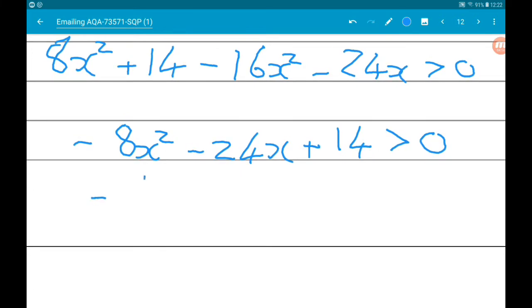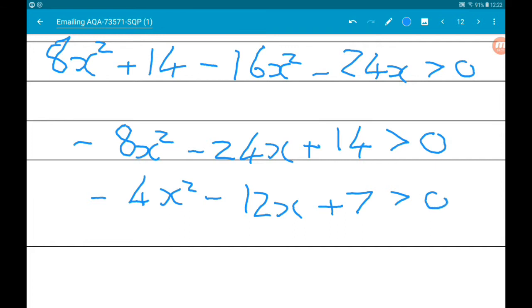Divide that away, we get minus 4x squared minus 12x add 7 is greater than 0. Now we need to do one more thing, that's multiply through by minus 1.